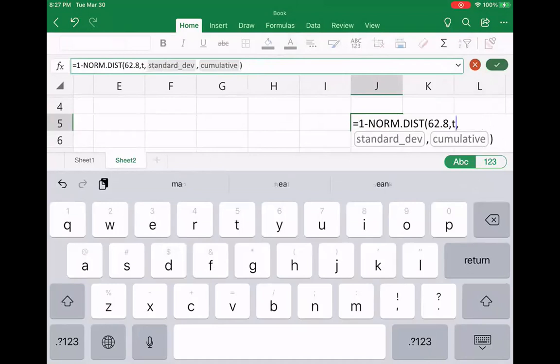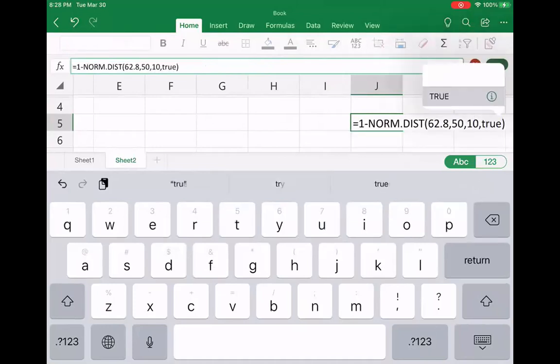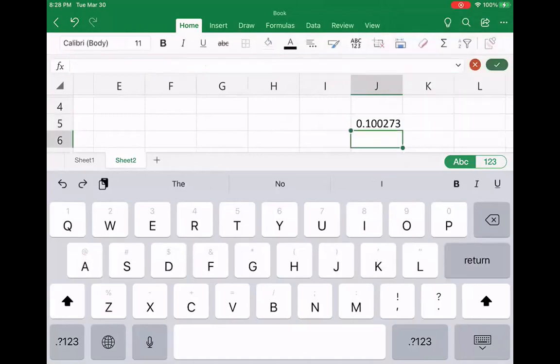The mean was 50, standard deviation was 10, cumulative was set to true. Look what I get. I get a value of 0.100273, which is about 10%. So 10% of the data sits above that particular value, 62.8.